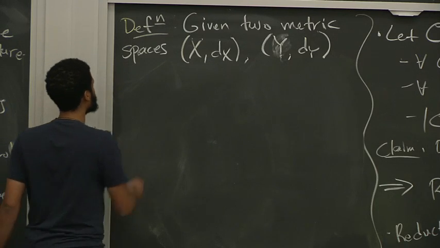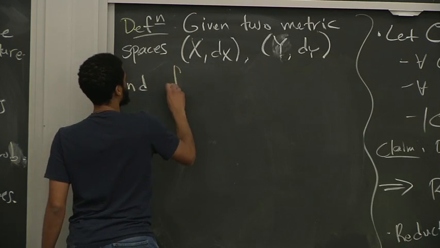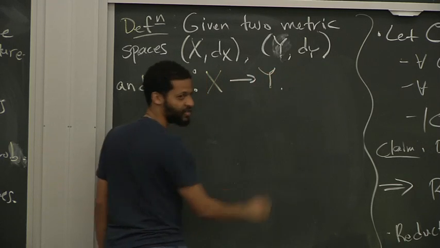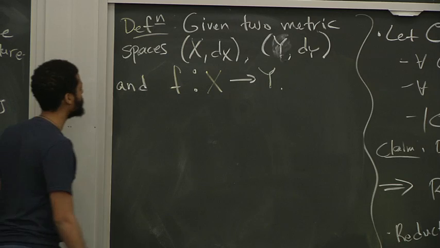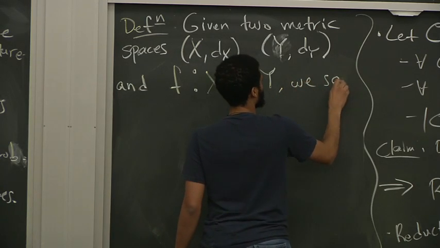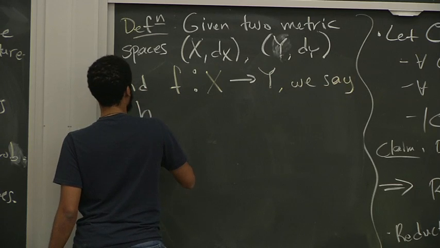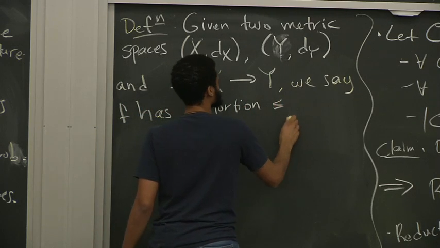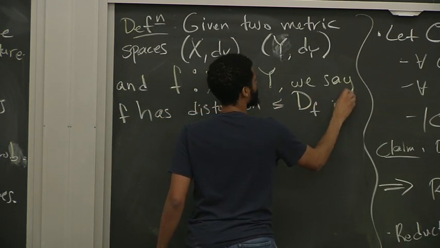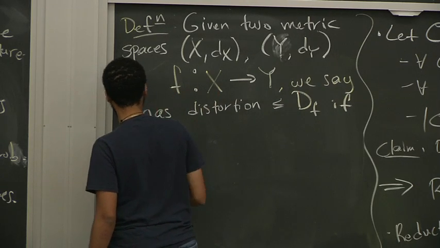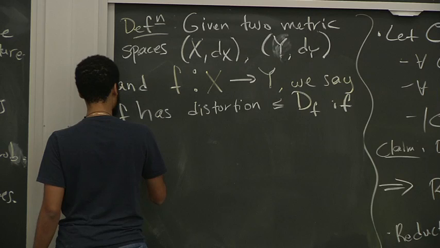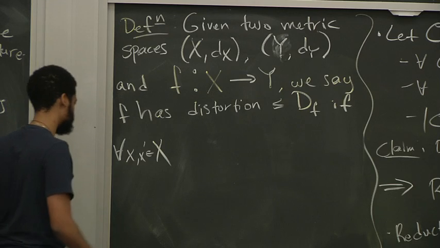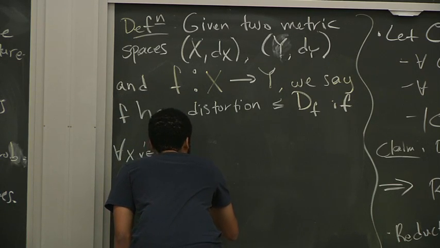So given two metric spaces and a function f mapping one set of points to the other, we say f has distortion at most D_f if for all x, x prime in capital X, we have the following inequality.